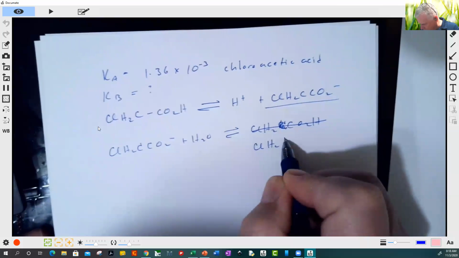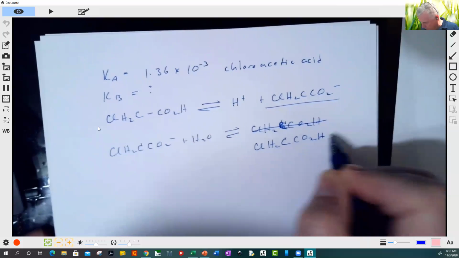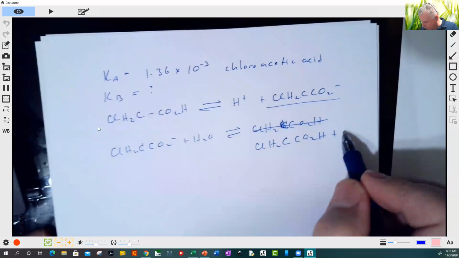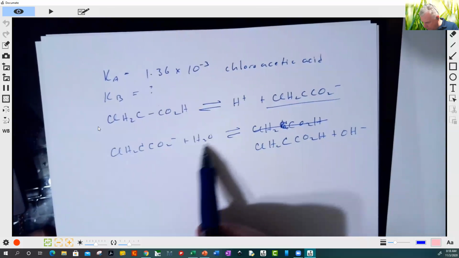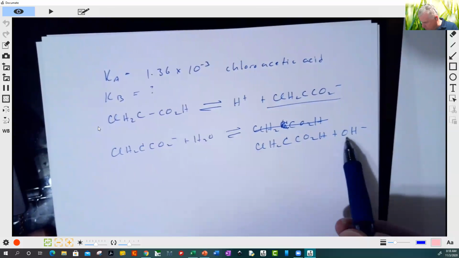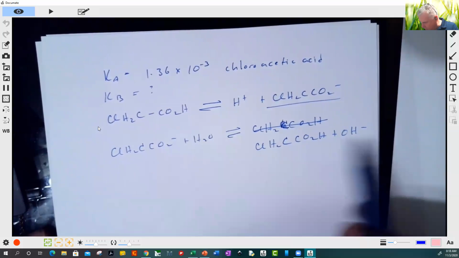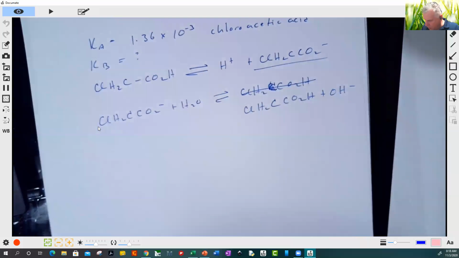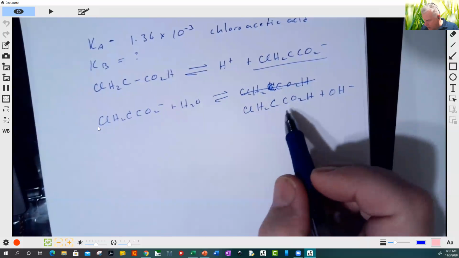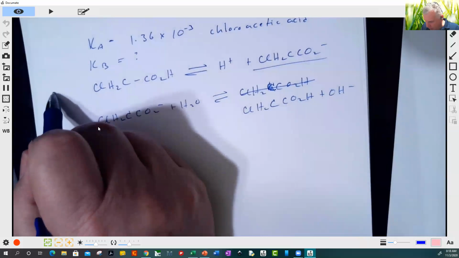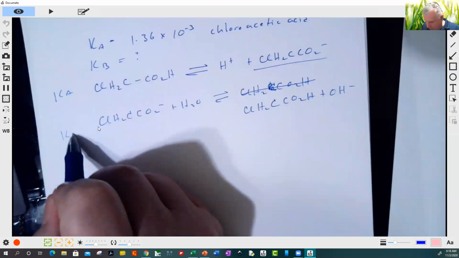ClH2C CO2H plus OH minus. This breaks down the water and makes an OH minus. It pulls a proton off the water, leaves an OH minus, right? So this guy here is governed by Ka, and this is governed by Kb.